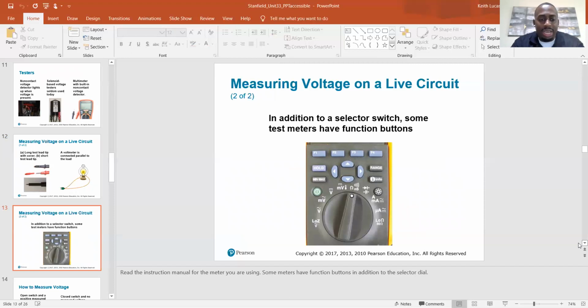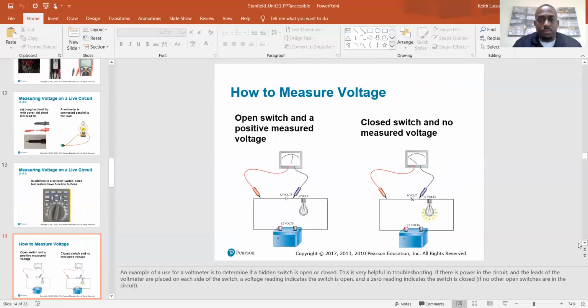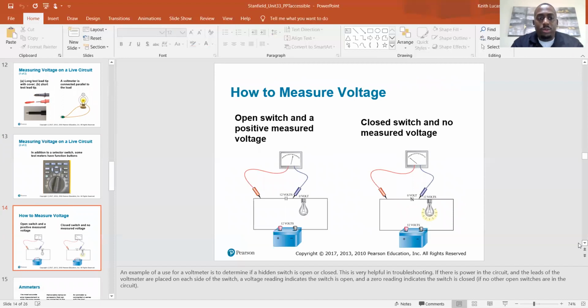Measuring voltage on a live circuit. Read the instruction manual for the meter that you're using. Some meters have function buttons in addition to the selector dial. How to measure voltage. An example of use for a voltmeter is to determine if a hidden switch is open or closed.